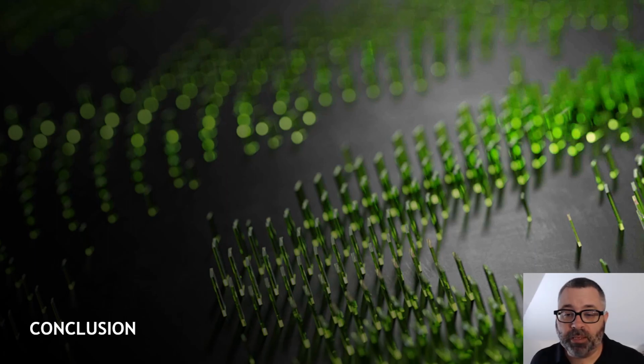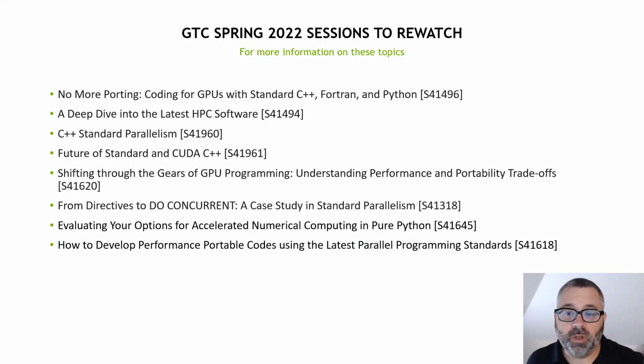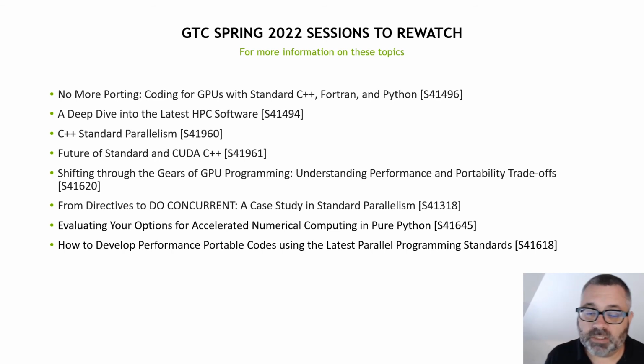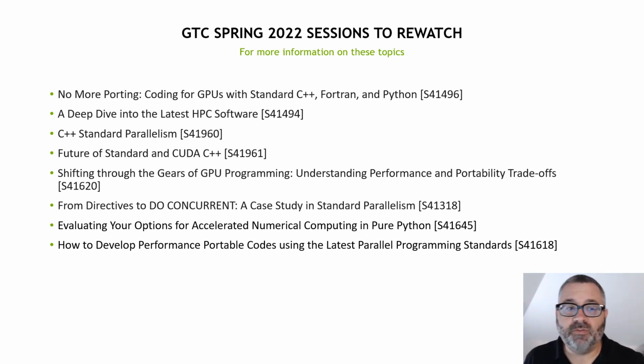In conclusion, I do want to point you to a variety of GTC talks from a few weeks ago that give you more information about these topics. Several of them speak to C++, Fortran, and Python, as well as NVIDIA's HPC software stack in general.